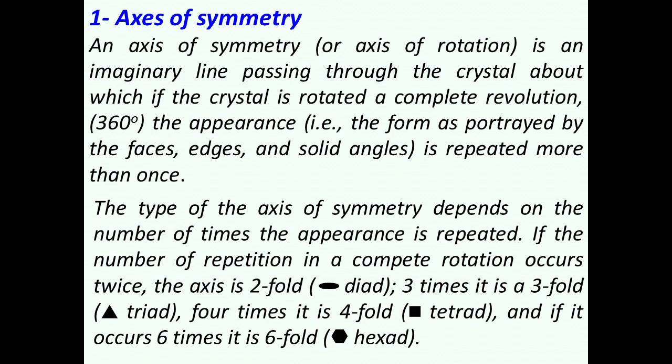The type of the axis of symmetry depends on the number of times the appearance is repeated. If the number of repetition in a complete rotation occurs twice, the axis is twofold. 3 times, it is a threefold. 4 times, it is a fourfold. And if it occurs 6 times, it is a sixfold.